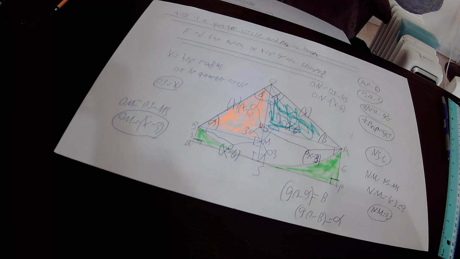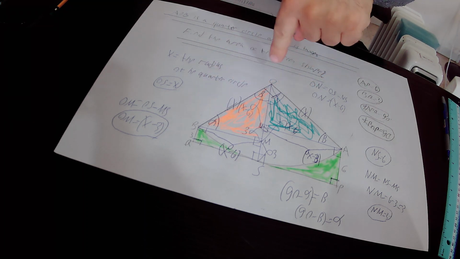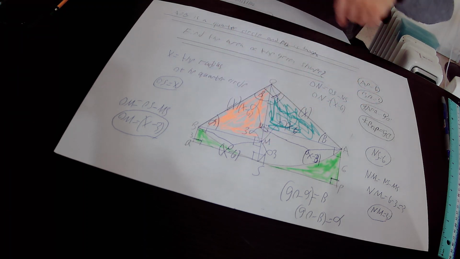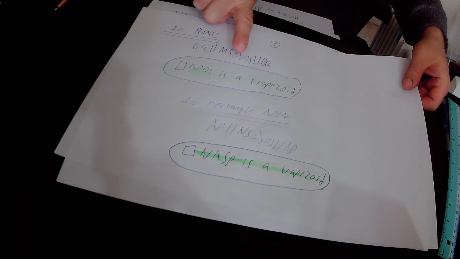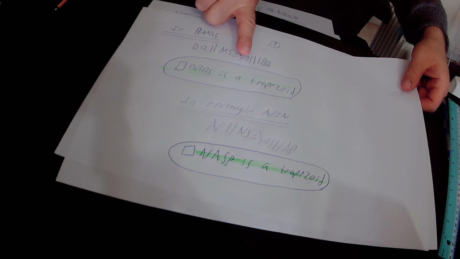Therefore, this quadrangle with one pair of parallel lines is a trapezoid, because the definition of a trapezoid is a quadrilateral with one pair of parallel lines. So quadrilateral OBQS is a trapezoid because it has one pair of parallel lines.